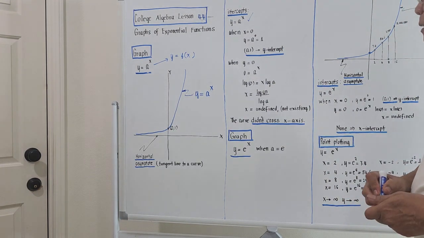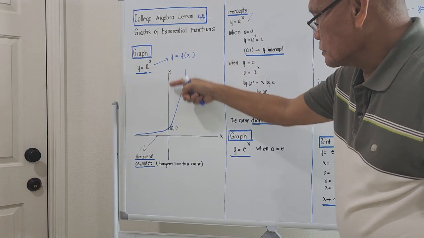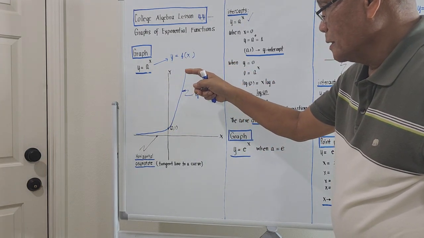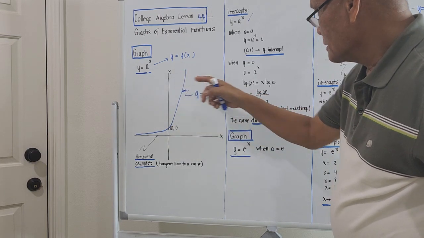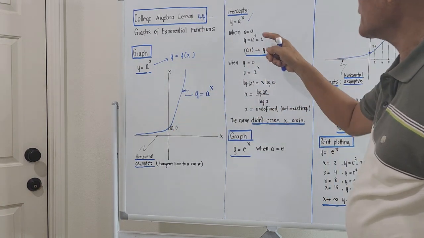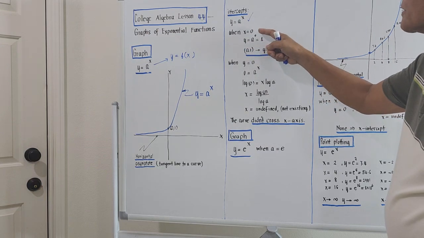When x is zero, we are looking for the point where the curve passes through the y-axis. So when x is 0, we are on the y-axis, right? So when x is 0, the value of y will be y equal to e raised to 0 power.